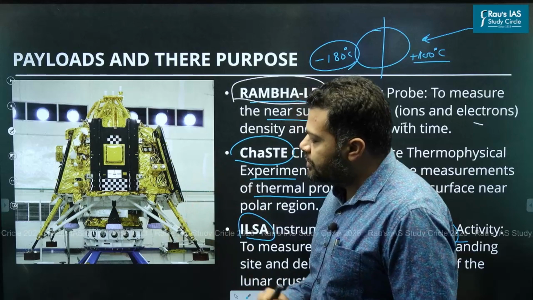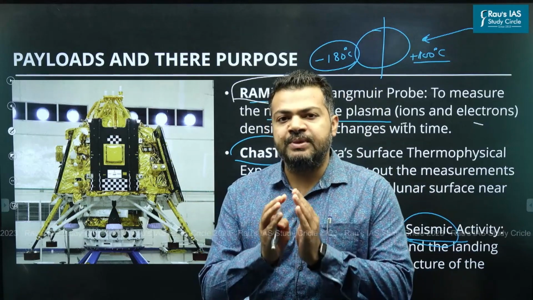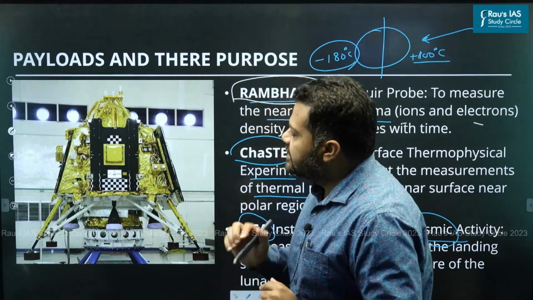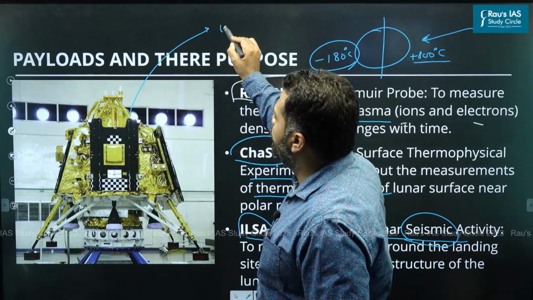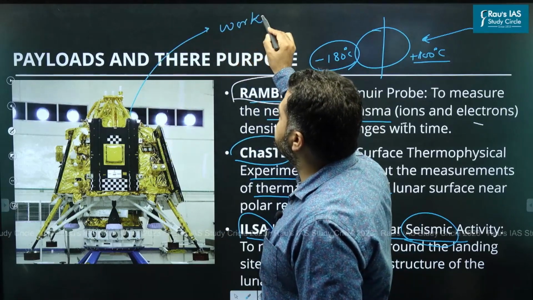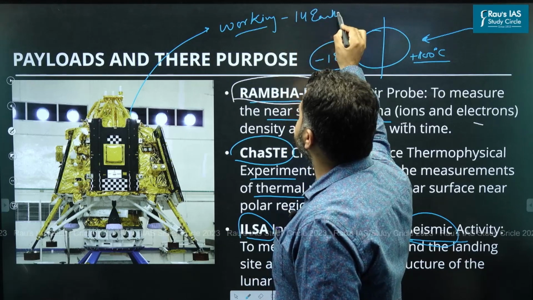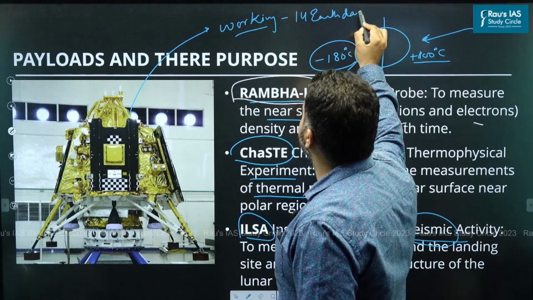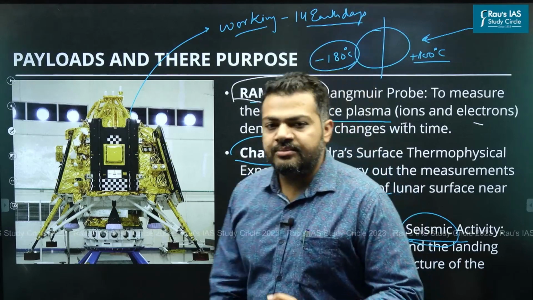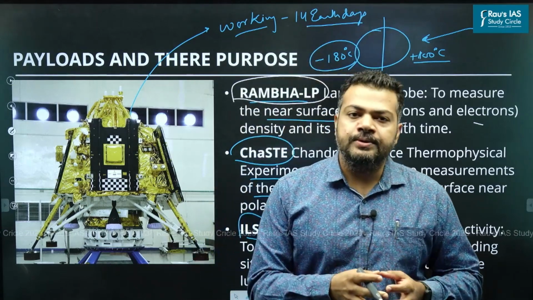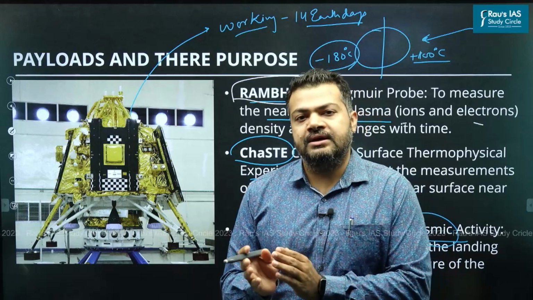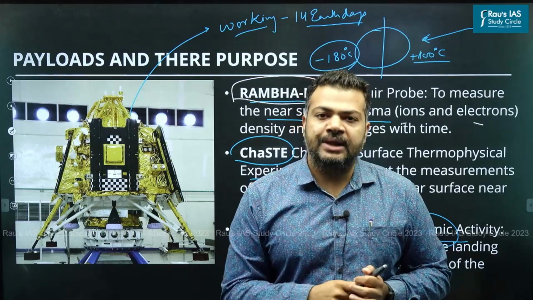Now the lander module, because it has been deployed at a specific location, will have a working life. The overall working life of this module is expected to be close to 14 Earth days. Why 14 Earth days? Remember, the moon does not have the same rotational speed as planet Earth.